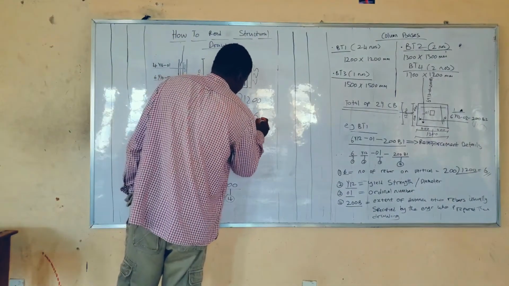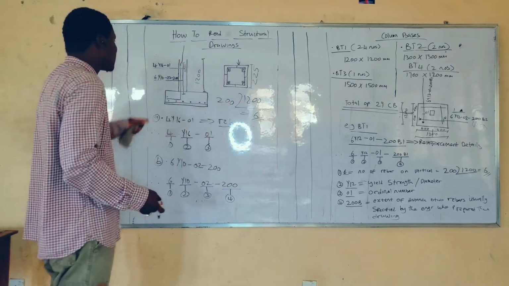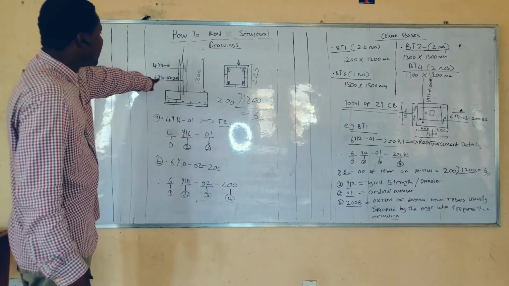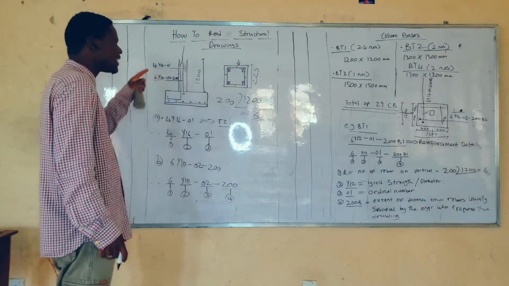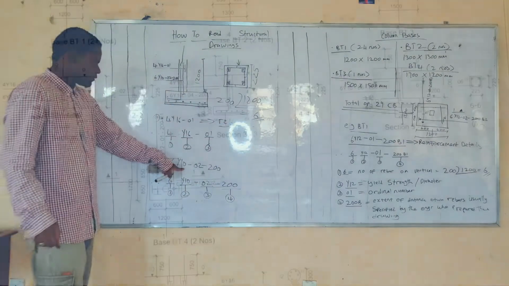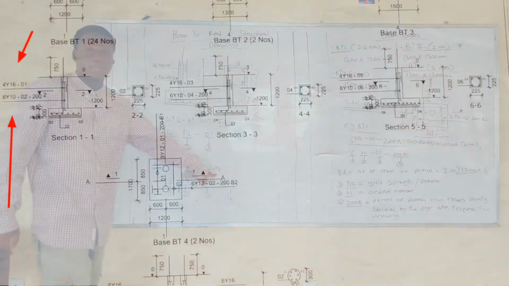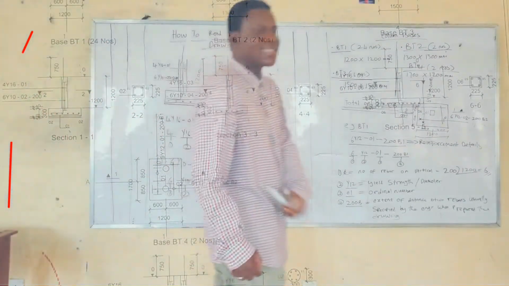Of course, it's 6. And the engineer specified that the metal should be y10, that's 10 diameter bars. So that's 6y10 for the second bar at 200 millimeter intervals.